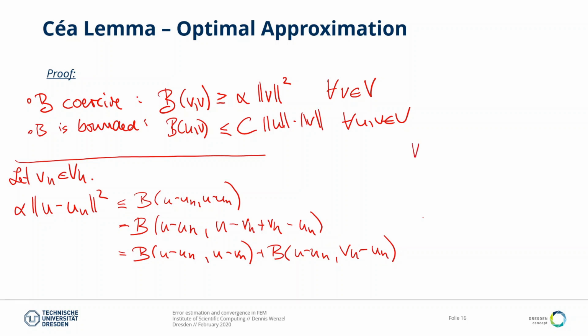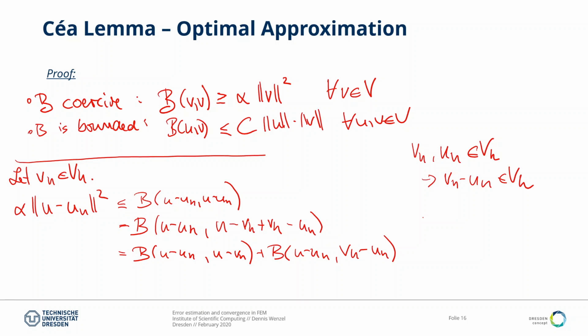If I have a subspace of some Hilbert space V, then for two elements of my space, the difference should also be an element of the space. So if they are in VH, then VH minus UH is also an element of VH.